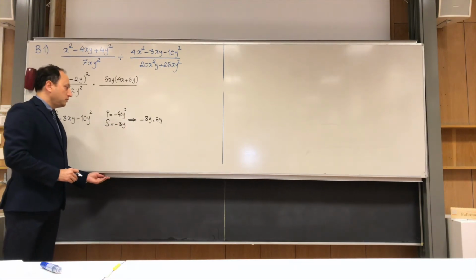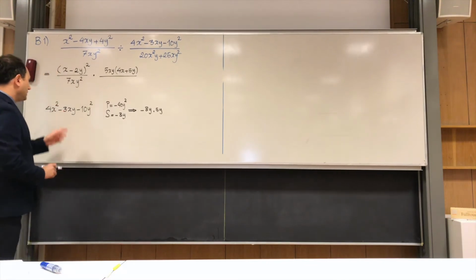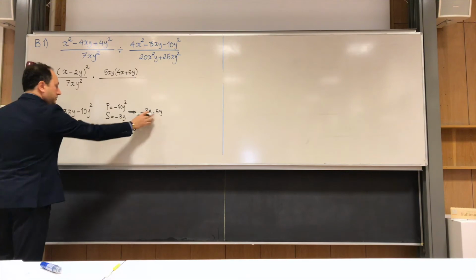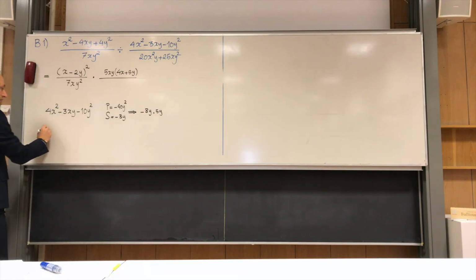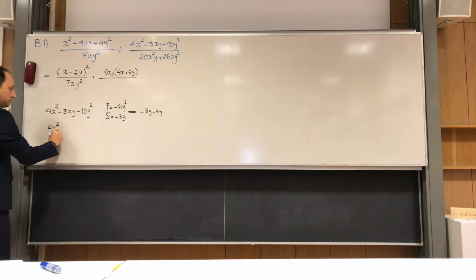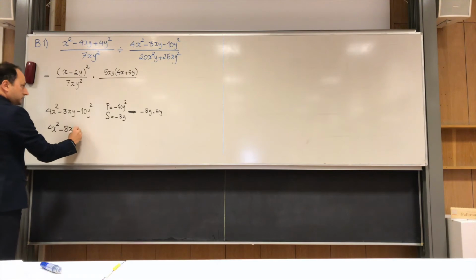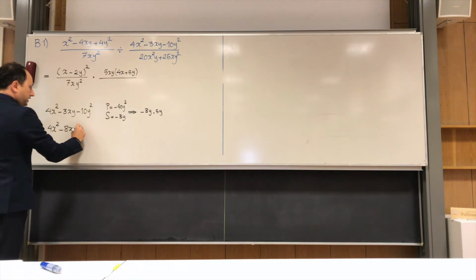And if I want to factorize this, the goal is to decompose the middle term as these two terms. So I would write it in this form. So it becomes 4x squared. Instead of this one, I would write minus 8xy, and then I would write positive 5xy.